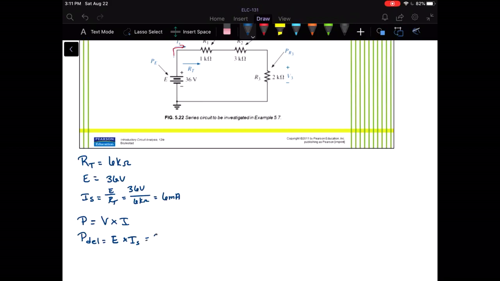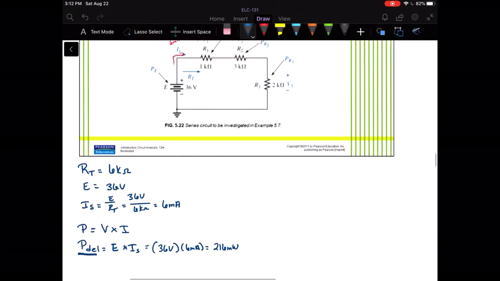So E in this case was 36 volts, and I sub S is 6 milliamps. So that means we have 216 milliwatts of power that we are delivering to our circuit.